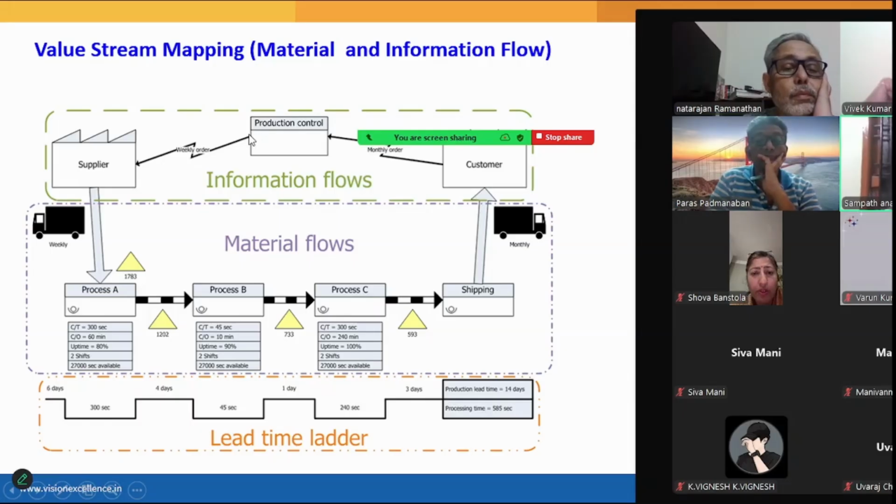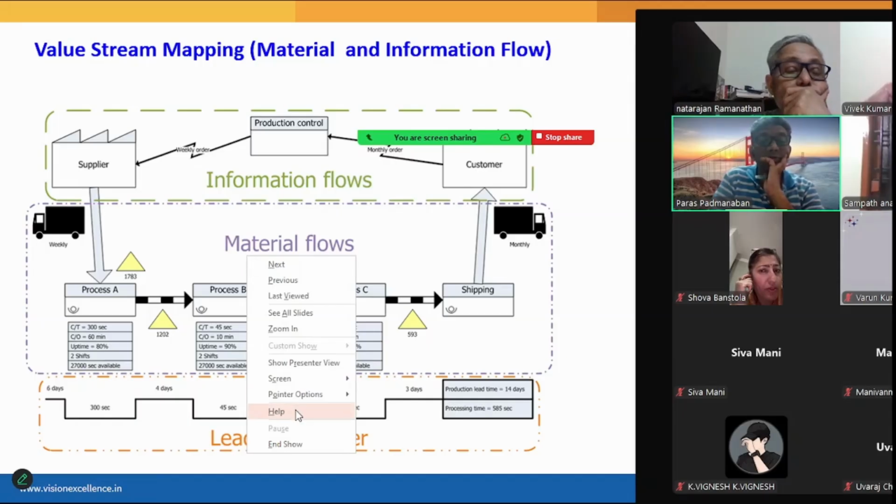From the production control, again, the information is going to our suppliers. Can you see these symbols? This symbol, some kind of electric, is used for depicting the flow of information. Then there is flow of material.